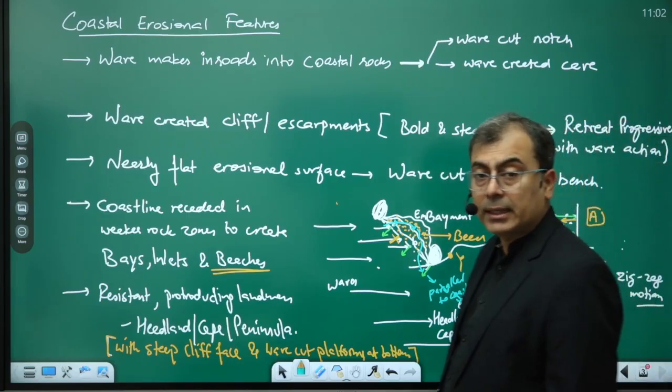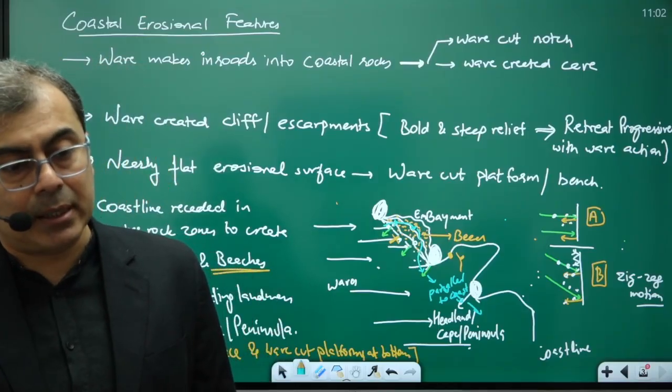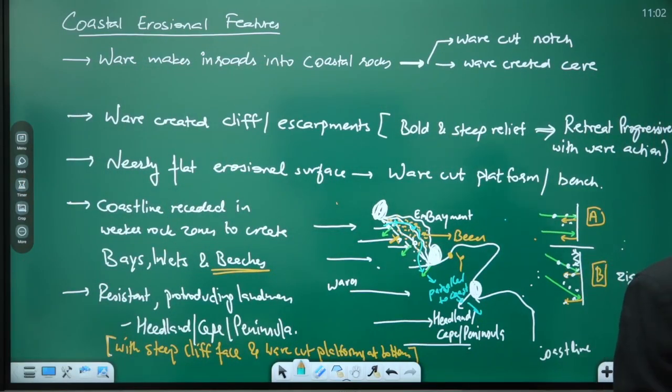So waves are hitting the coast at an angle. I agree. It can be perpendicular. It need not be perpendicular. It can be multiple angles. But can I say that there is a component of water which is also flowing parallel to the coastline? Parallel to the coastline. Is everyone with me on this?